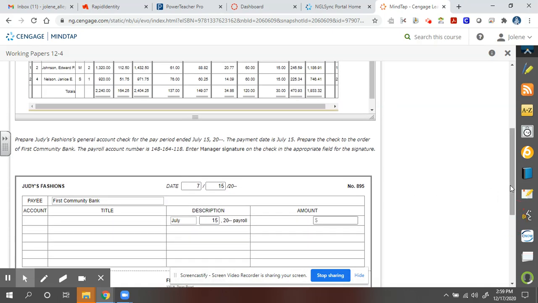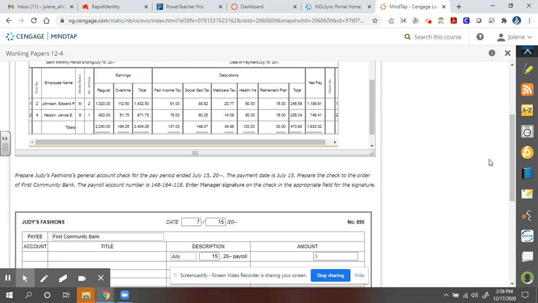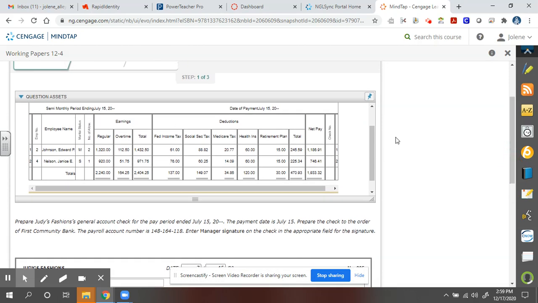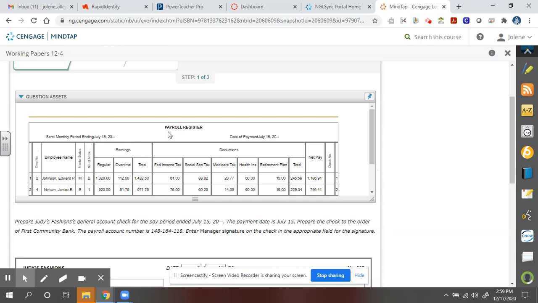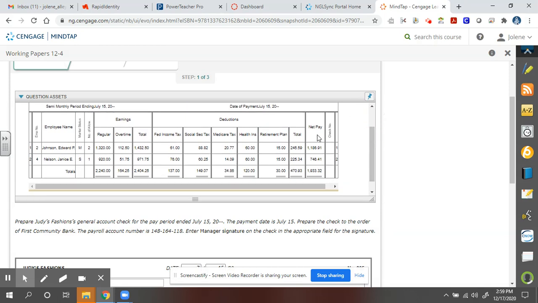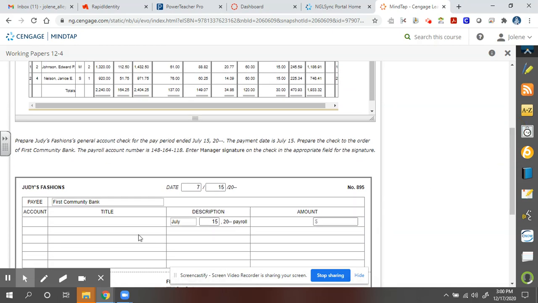Now, up here in the payroll register for this date, here's net pay, which is the take-home pay for the employees. And here's where they've added it all together. So the total that Judy needs to move from her general account over to her payroll account is $1,933.32.